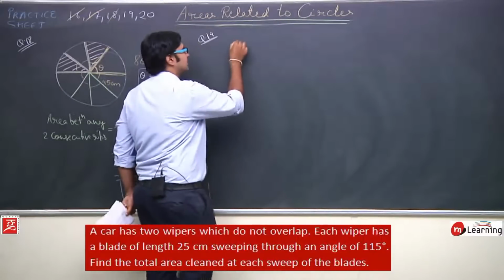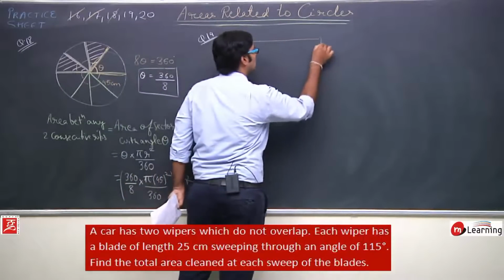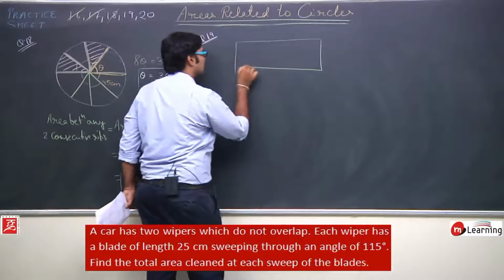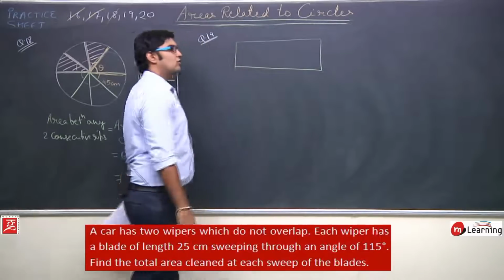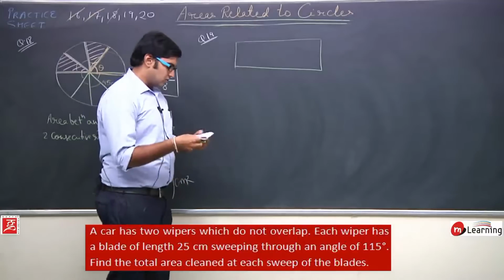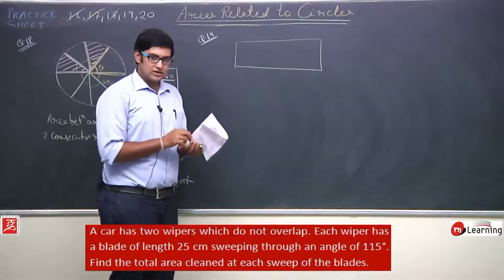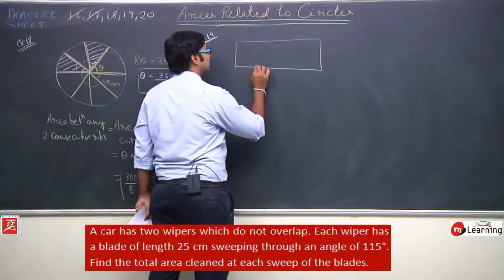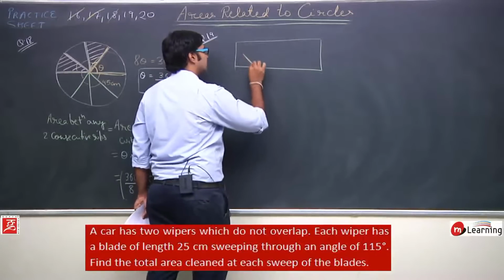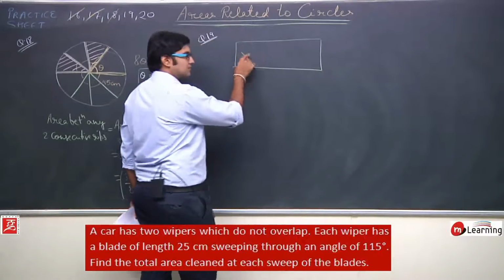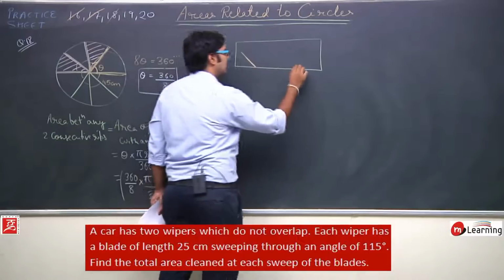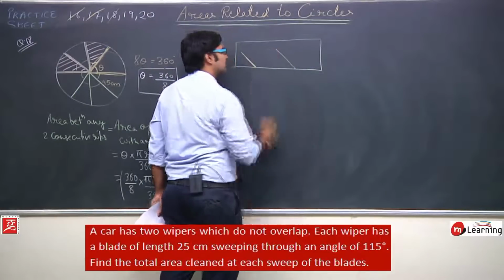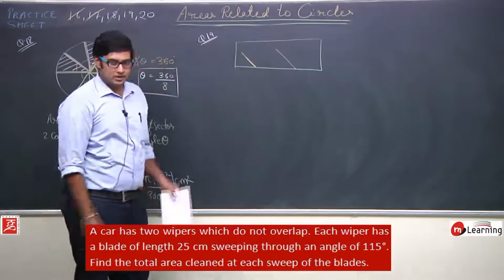Let us say that this is the window of a car. On this window there are two wipers whose blade length is 25 centimeters. Let us say this is one of the wipers. The length of this blade is 25 centimeters, and this is one more wiper which is again of 25 centimeters.